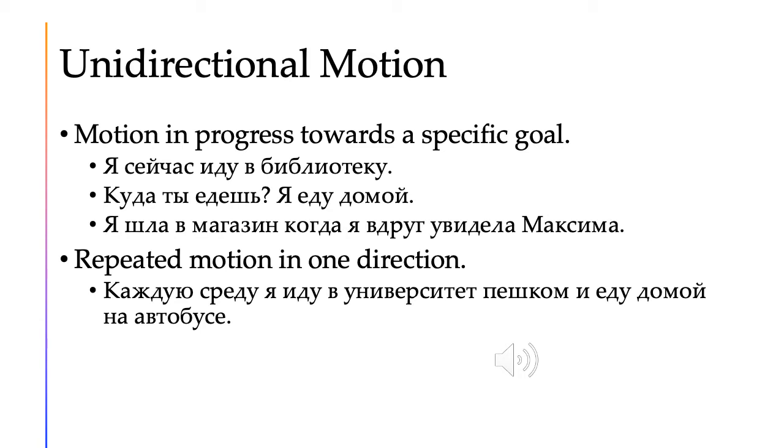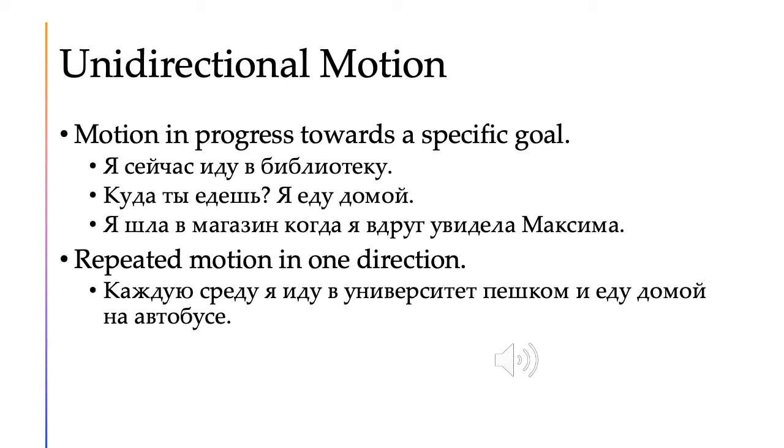Those two examples were in the present, but we can also use these in the past or the future. An example in the past would be «Я шла в магазин, когда я вдруг увидела Максима». I was walking to the store when I suddenly saw Maxime. And probably at this point, you're no longer at the store. You probably left the store and came home, but that's not what we're talking about.